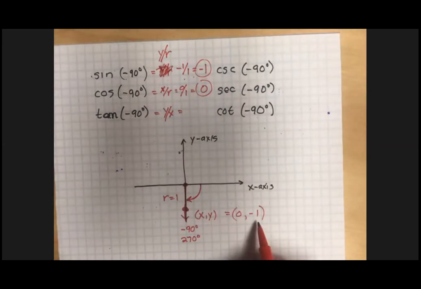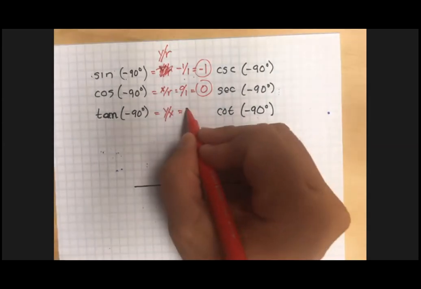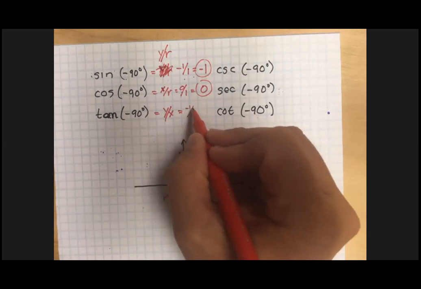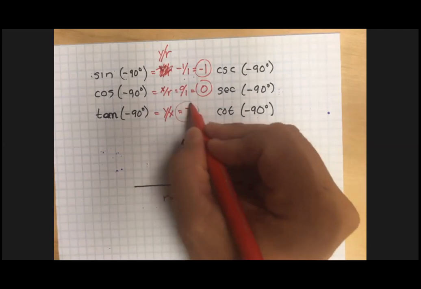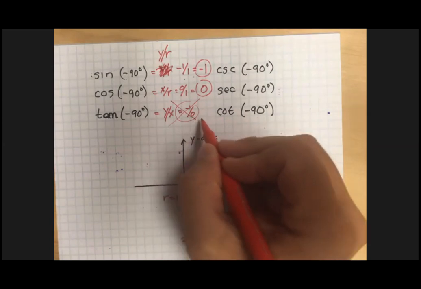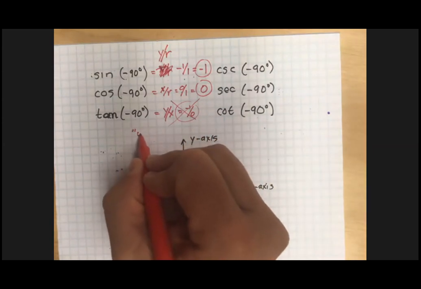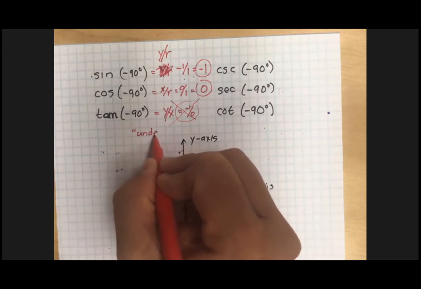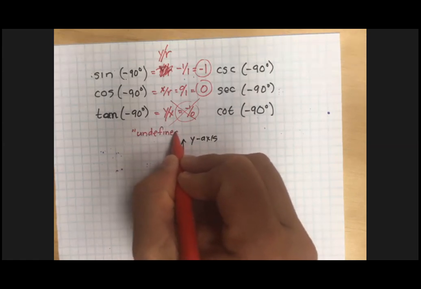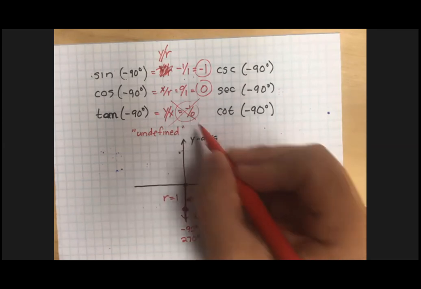Here's a pain comment. What's y over x? -1 over 0. And you're not even allowed to say that, because there's no such thing as divide by 0. In that case, you have to say undefined. Undefined means that's not a number.